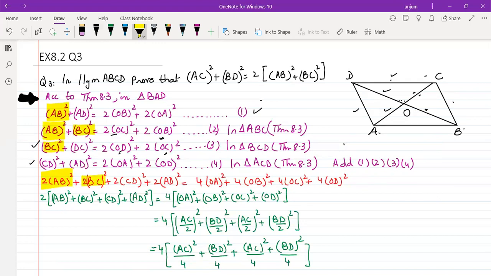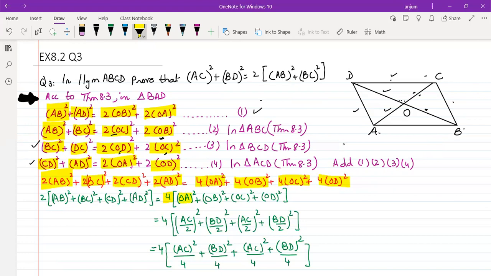Then we have CD and another CD, so we have 2 CD squares. Then we have AD and another AD, so we have 2 AD squares. And on the right hand side, we have 4 times OA square, 4 OB squares, 4 OC squares, and 4 OD squares. Now we take 4 as common.